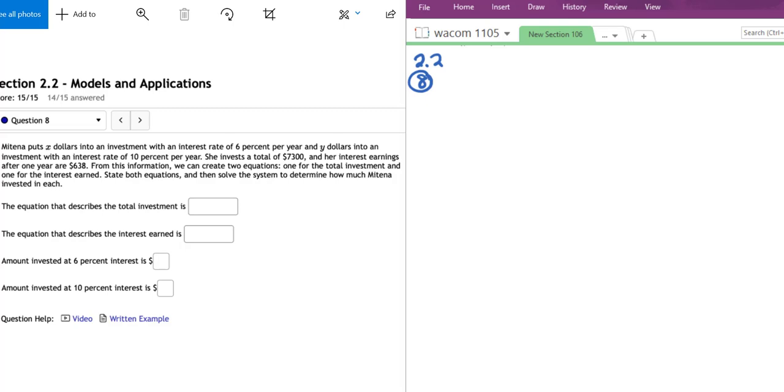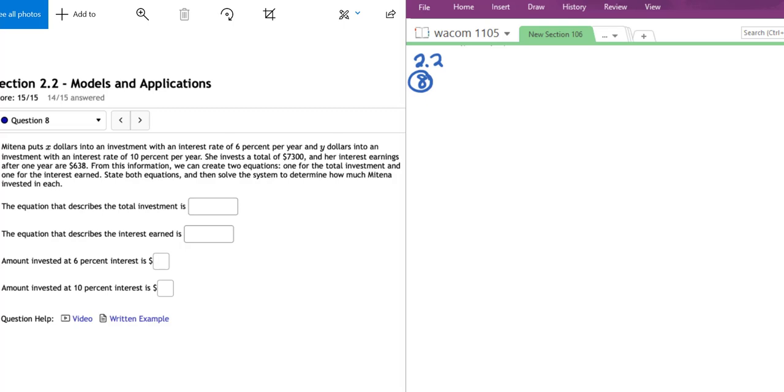From this information, we can create two equations, one for total investment and one for interest earned. State both equations and then solve the system to determine how much she invested in each.